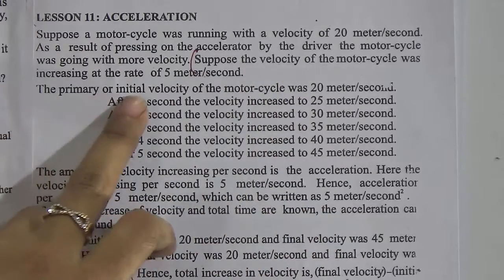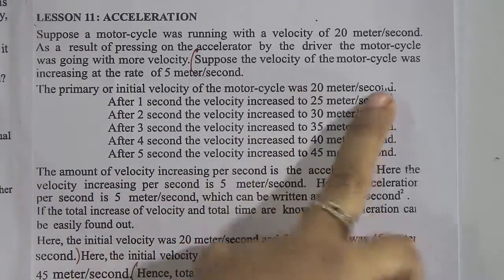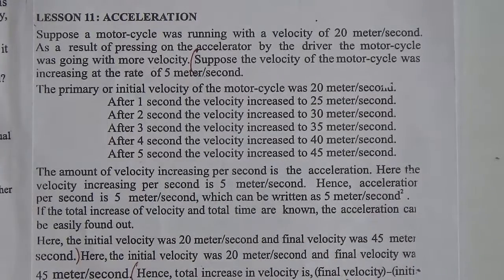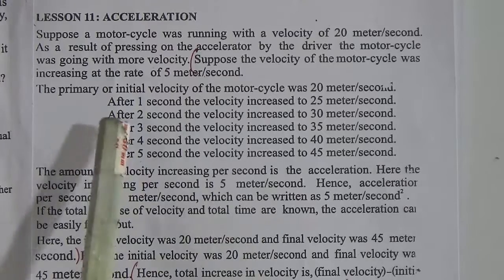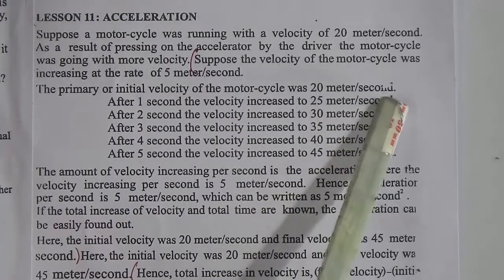So the initial velocity of the motorcycle was 20 meters per second. When it was running, its velocity was 20 meters per second. But in 1 second, it increased its velocity by 5 meters per second. After 1 second, the velocity increased to 25 meters per second.